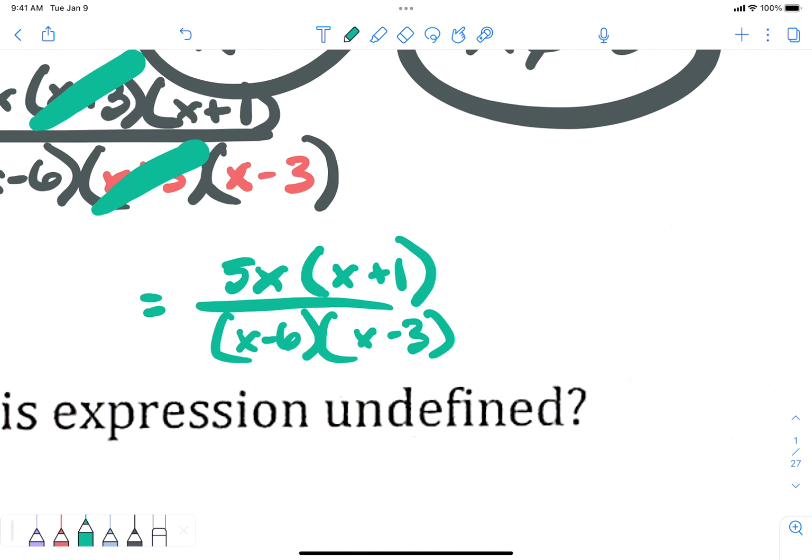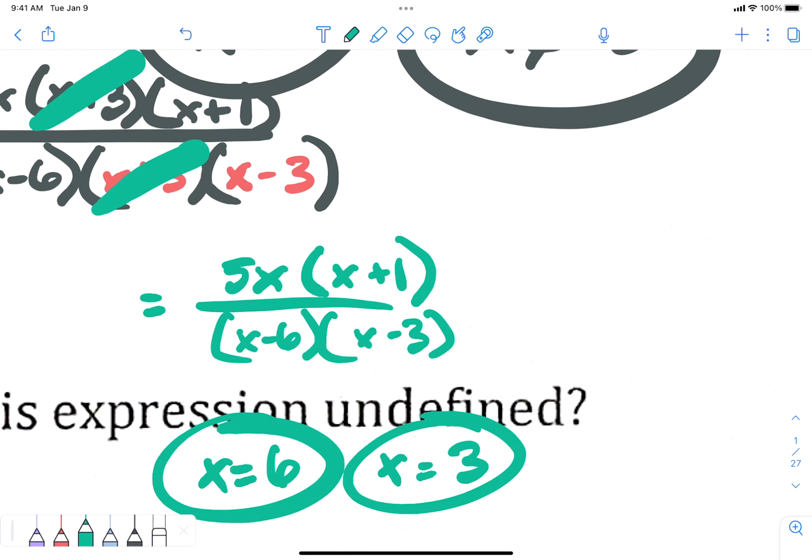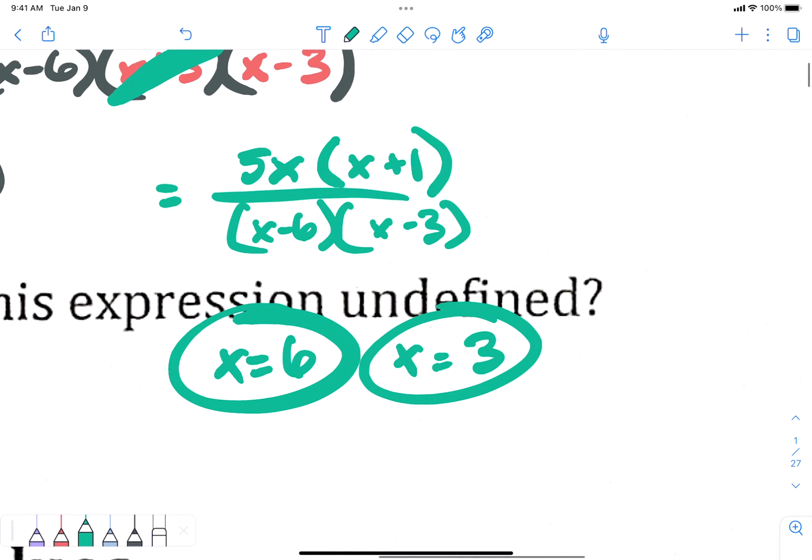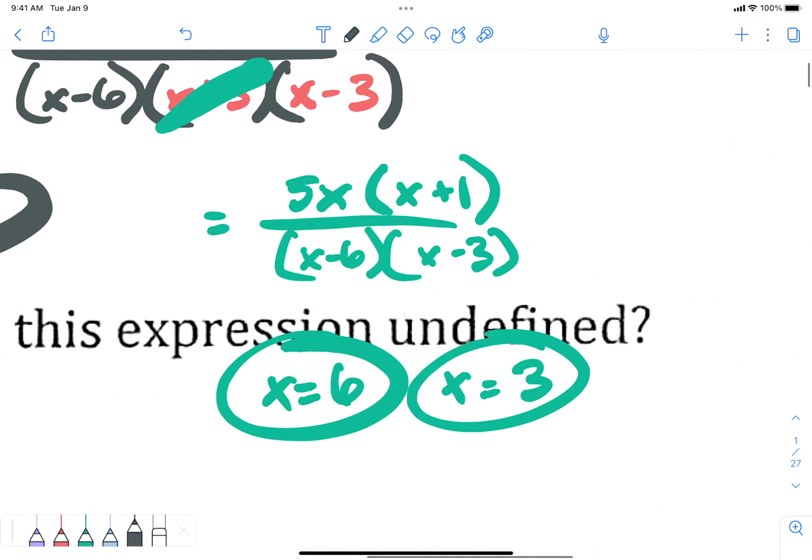But x can't be that stuff on the bottom. So x can't be 6, and x can't be 3. Do you understand where we get the 6 from and where we get the 3 from? It's kind of like setting those bottom two equal, or let's say not equal. X can't be 6, x can't be 3.